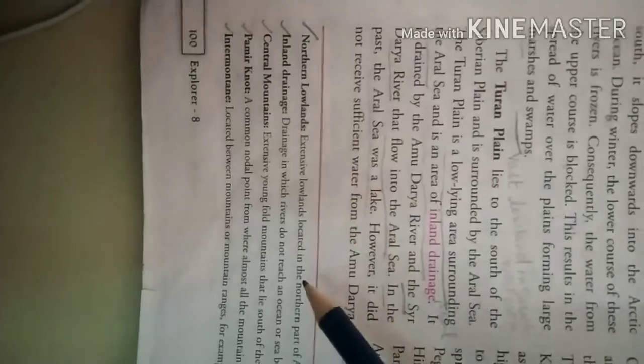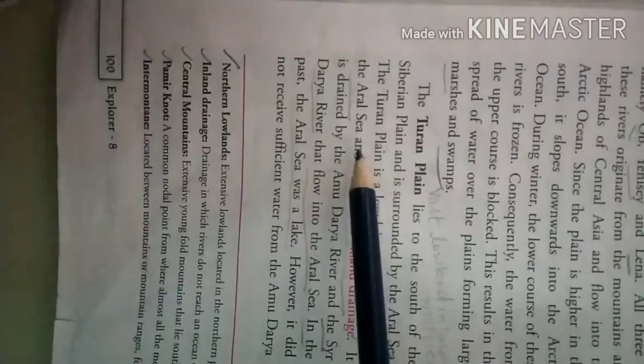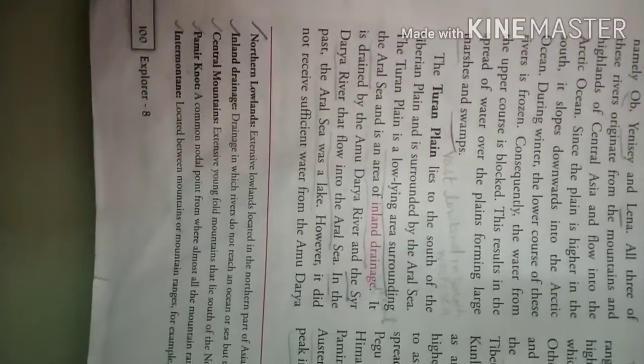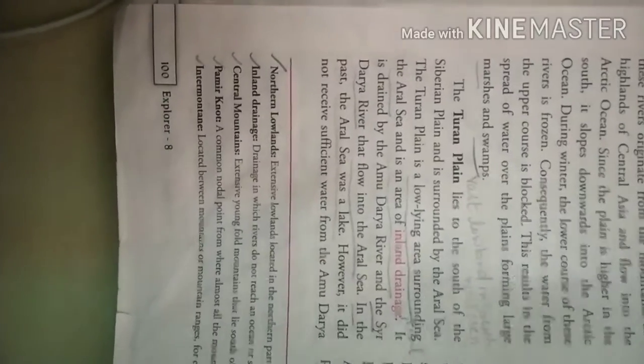Inland drainage means any sea which does not merge into the ocean or a sea but empties its waters into a lake or an inland sea. Like this Aral Sea, it does not merge into the ocean, so the Aral Sea is an inland drainage sea.